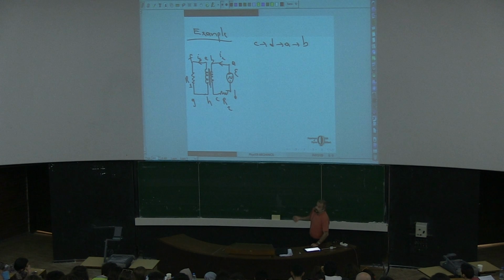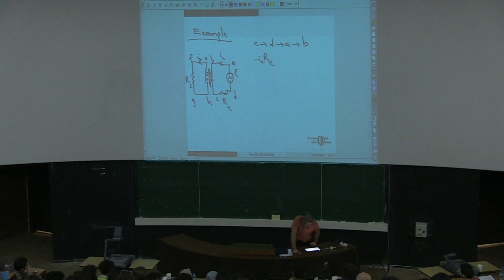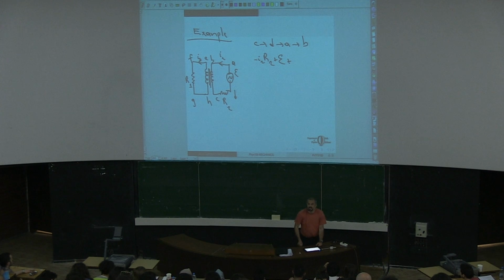Now, from C to D, how much energy does our point unit charge gain? Minus I2 R2. From D to A, let's say epsilon. From A to B, nothing. And then from B to C.